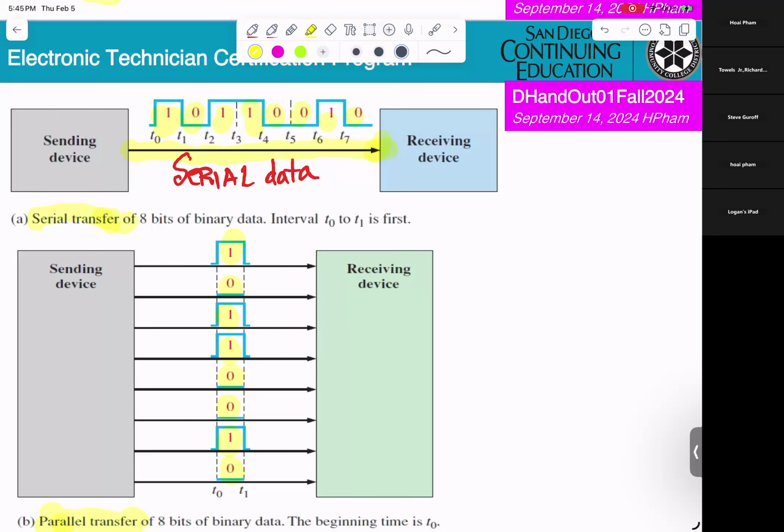And after the computer processes whatever they need, they will send out, okay? However, the data the computer sends out has to be parallel. Okay, when it gets out of the computer and they transmit it, it must be serial, otherwise they would need to melt the wire. That cannot happen.